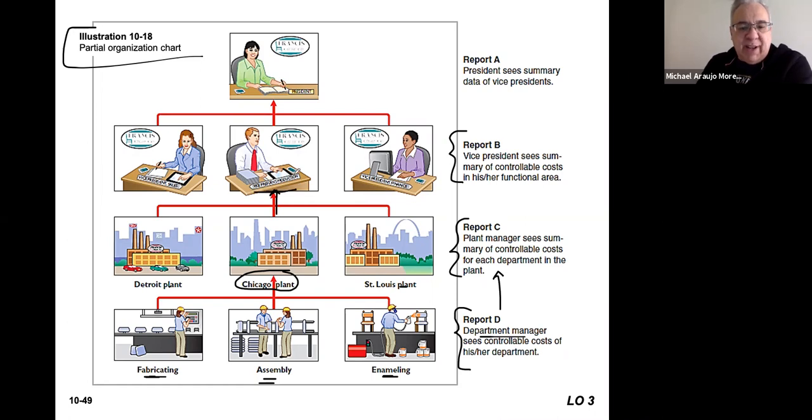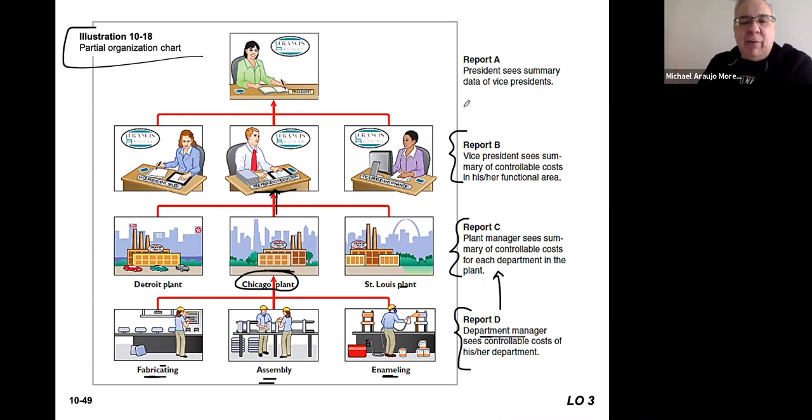So this vice president would be getting a report that would not just tell them what was happening at each of these plants, but each of the departments within those plants, all those numbers would be included so they could look at the larger picture. Okay, this is what's happening in St. Louis. This is what's happening in Chicago. This is what's happening in Detroit. And this is what's happening overall in our production.